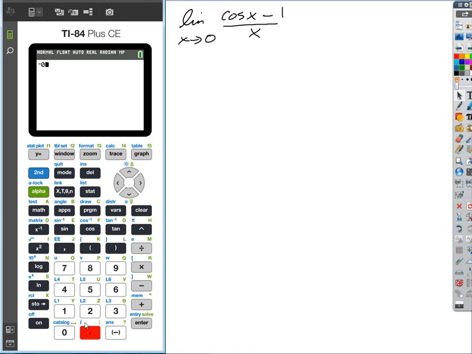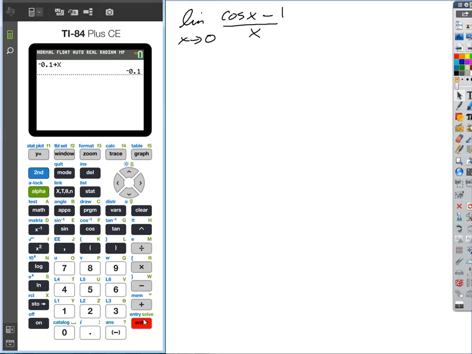Negative 0.1, we just hit store x. Now that's in there for x, if I hit enter. Anytime I hit x, it is now giving me back the stored value of negative 0.1. So let's build this expression and evaluate it by changing the value of x. It's a really efficient way to evaluate functions on these calculators. Does that make sense? Well, it will after we do it.